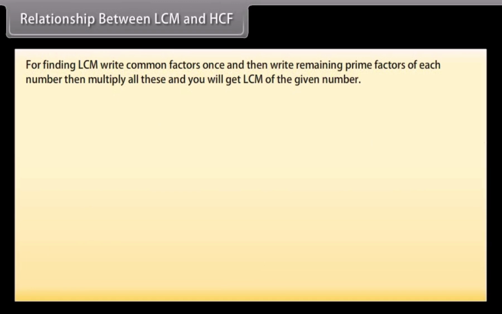Thus, the HCF is equal to 2 into 3. For finding LCM, write common factors once and then write the remaining prime factors of each number, then multiply all these and you will get the LCM of the given numbers. 510 is equal to 2 into 3 into 5 into 17. 276 is equal to 2 into 2 into 3 into 23.